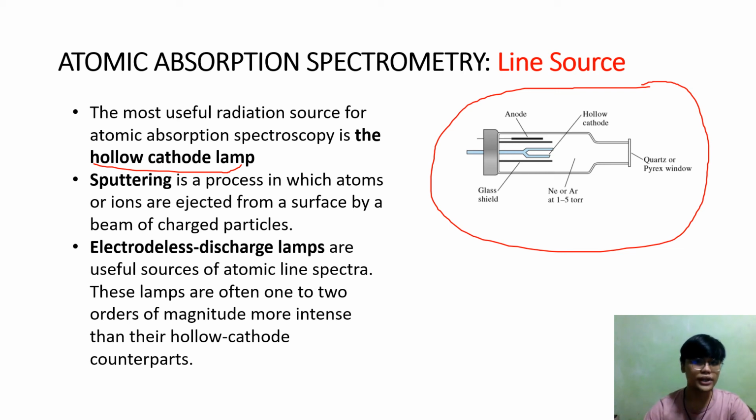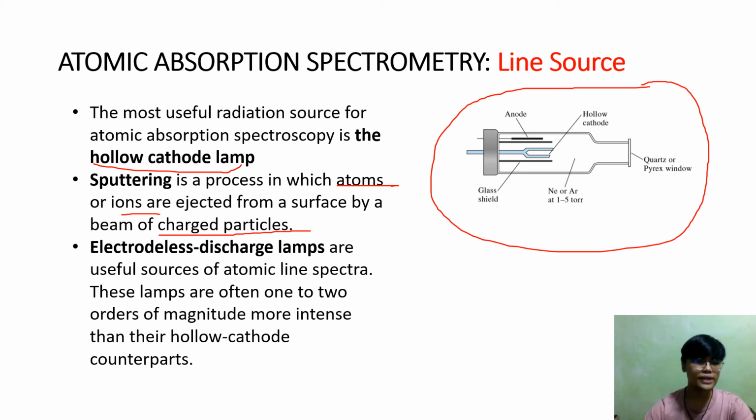The cathode either is fabricated from the analyte metal or else serves as a support for a coating of that metal. Sputtering is a process in which atoms or ions are ejected from the surface by a beam of charged particles. Some of these sputtered metal atoms are in an excited state and emit their characteristic wavelengths as they return to the ground state.